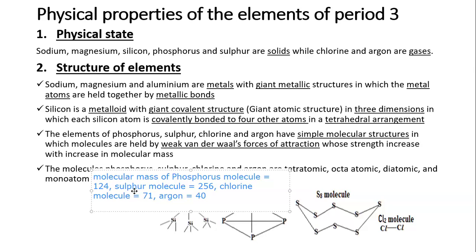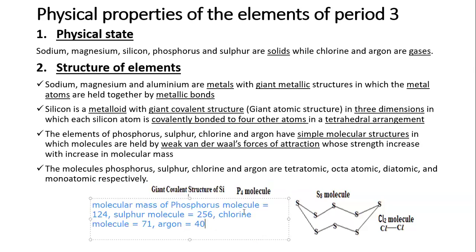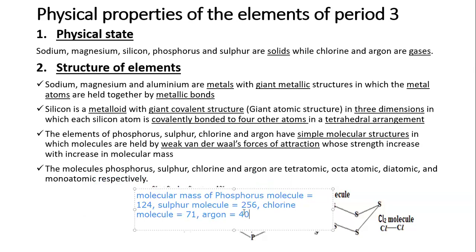So after getting to know their molecular masses, we can now determine which one has the highest strength of van der Waals forces of attraction, depending on the molecular mass. Because we said that these structures are formed, the molecules are held by van der Waals forces of attraction, whose strength increases with molecular mass.